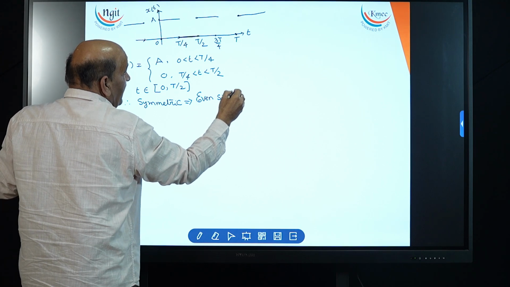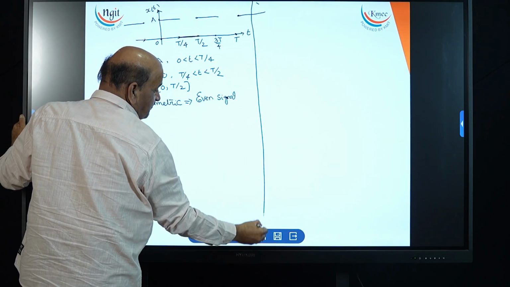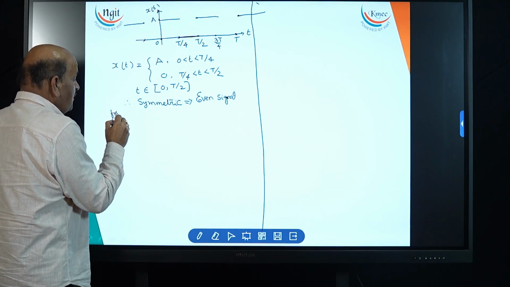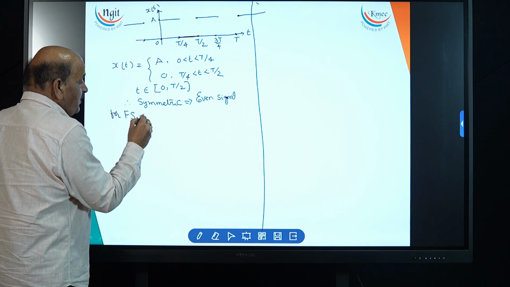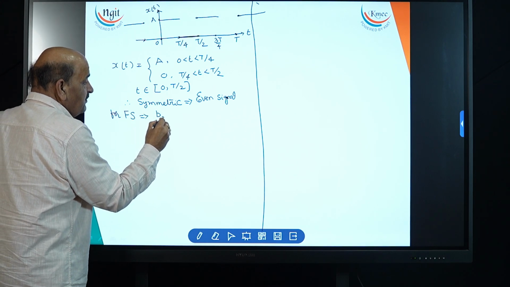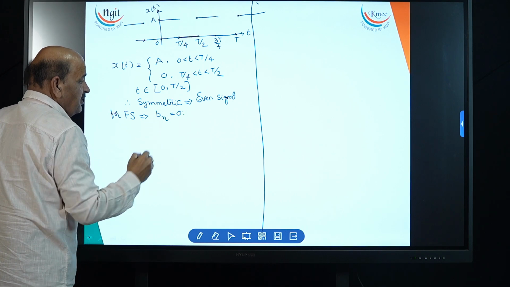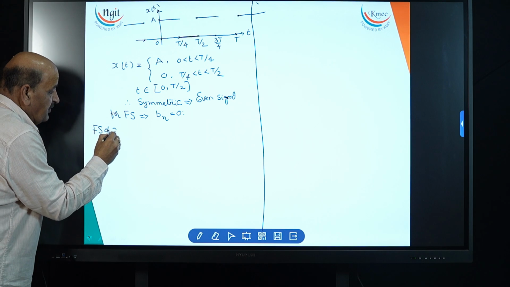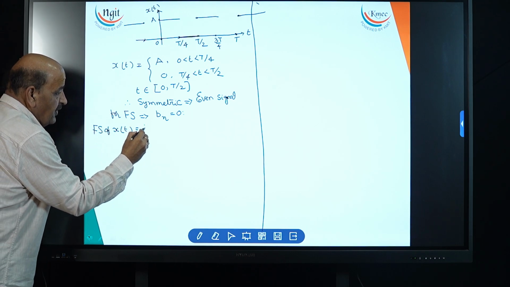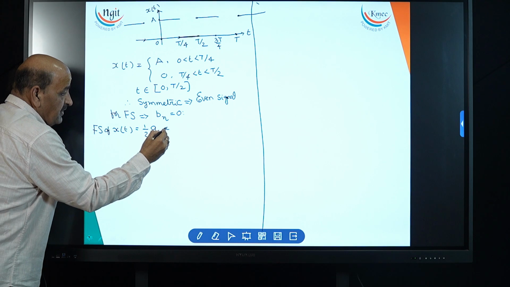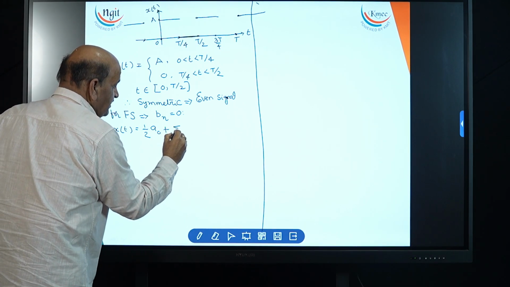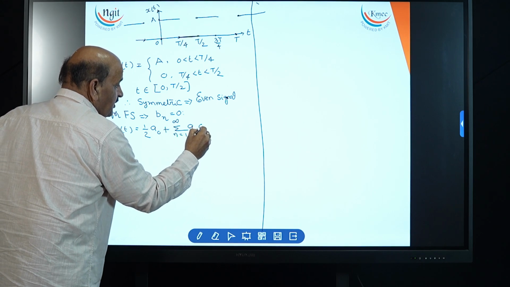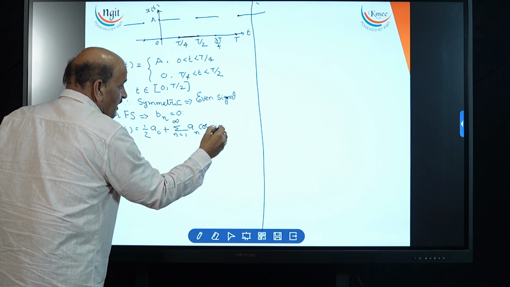Whenever it is an even signal, for Fourier series, Bn equal to 0. No need to calculate Bn. Therefore, the Fourier series of x of t will be half a naught plus summation n equal to 1 to infinity an cos n omega naught t.